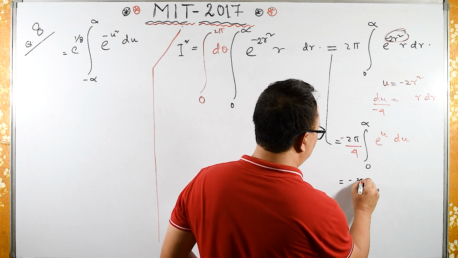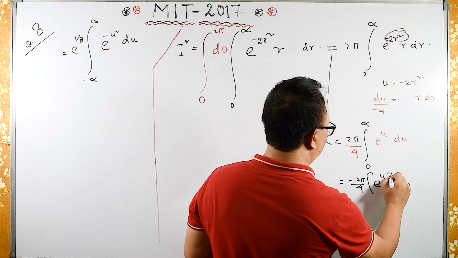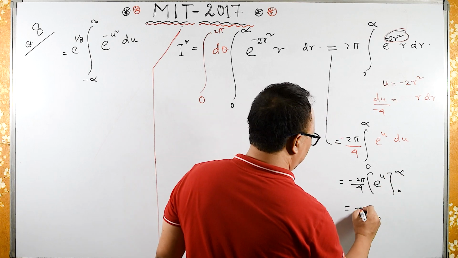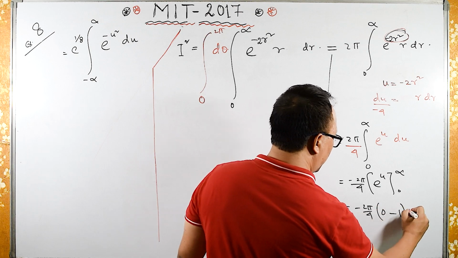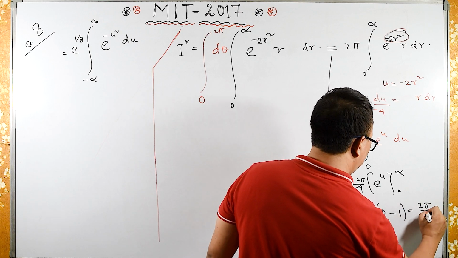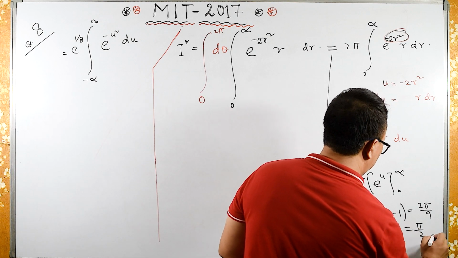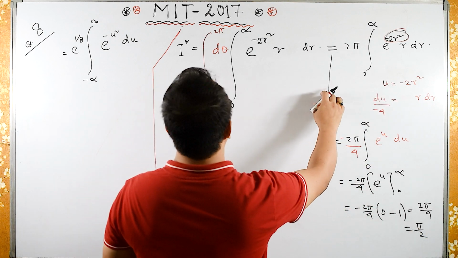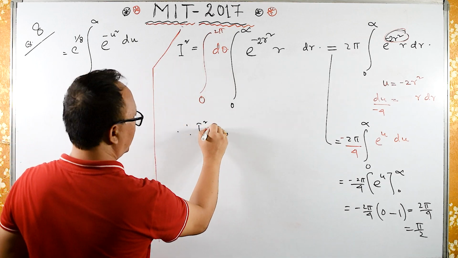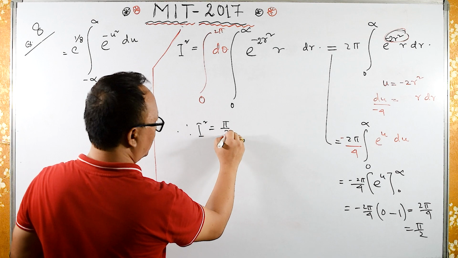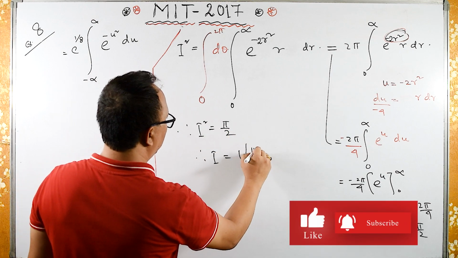This equals minus 2 pi upon 2 times e raised to u, with limits from 0 to infinity, which gives 2 pi upon 2 times (0 minus 1) with the minus signs cancelling, so that is pi. On the left-hand side we have I square. Therefore I square equals pi, and I equals square root of pi.